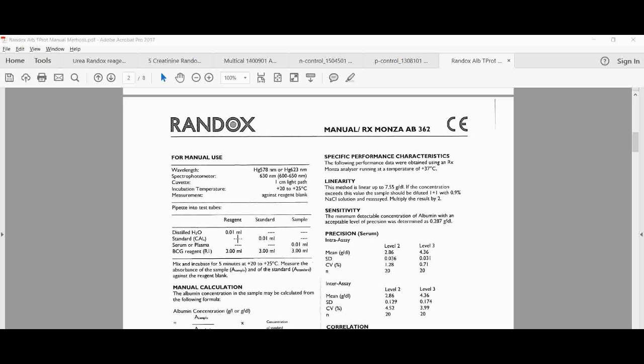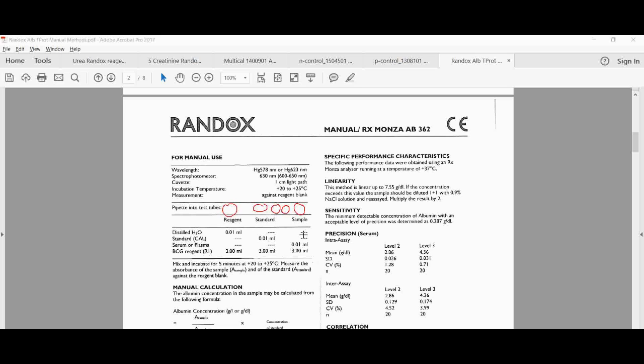Let's say you draw tubes. Tube 1 is going to be your reagent blank. Tube 2 is going to be your standard. Tube 3 is going to be your control, and tube 4 is going to be another control, in control, P control, and tube 5 is going to be your sample.